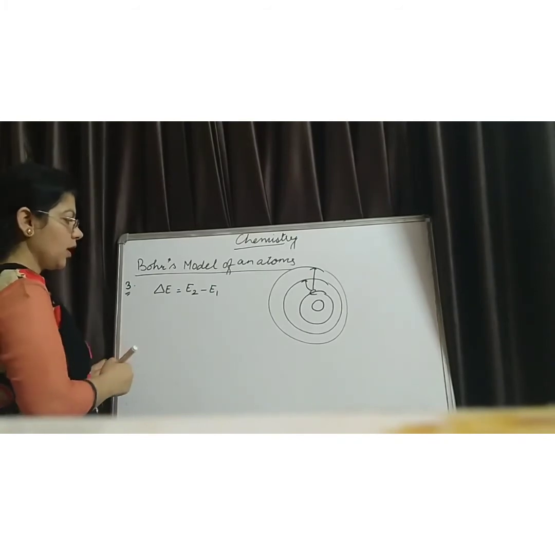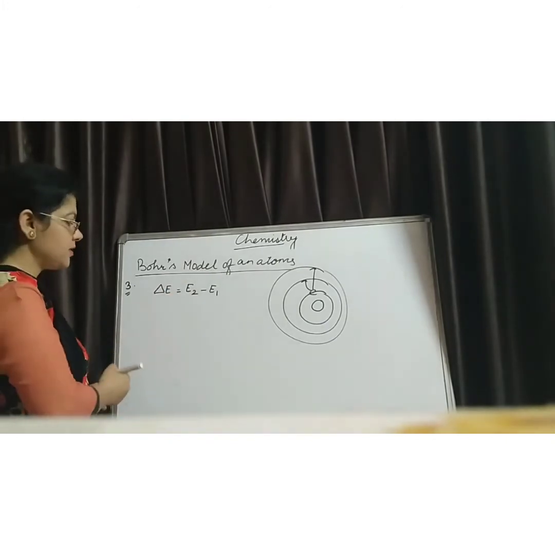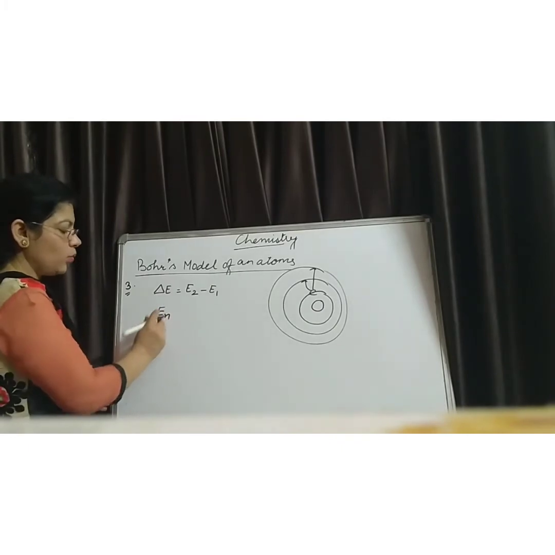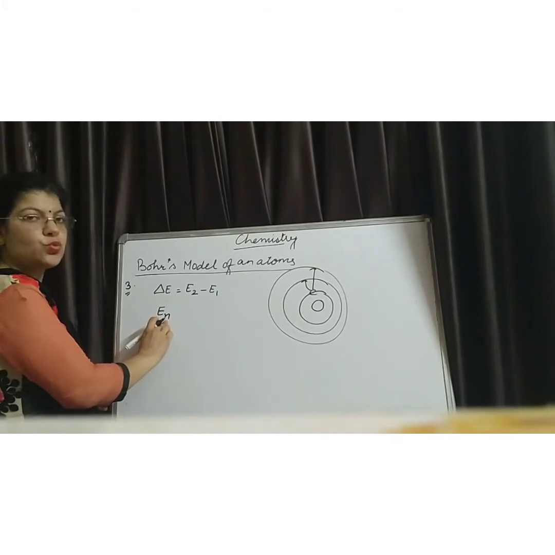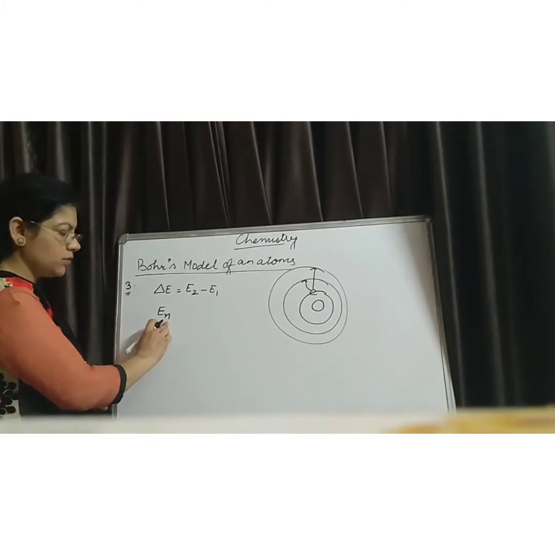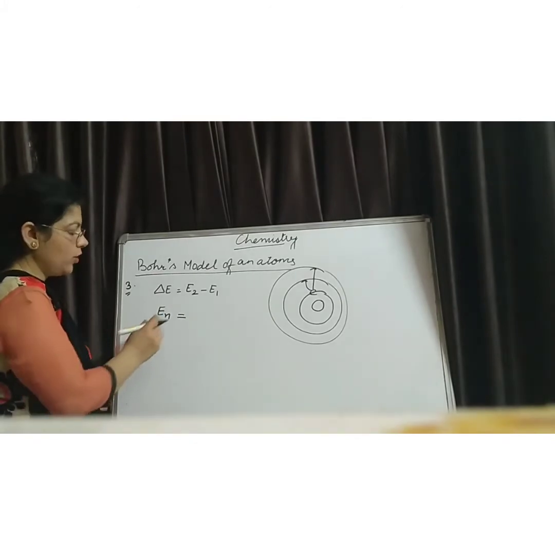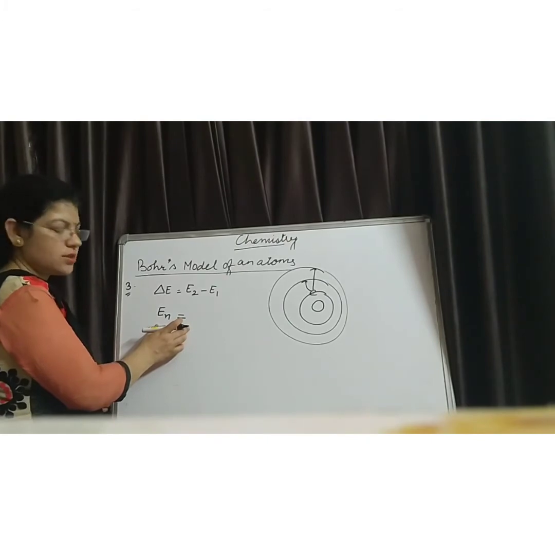We can easily calculate the energy of the electron present in different shells by using the formula En, where En is the energy of the nth shell, and the value of n is 1, 2, 3, 4 and so on. If the electron is present in the first shell, the value of n is 1. If the electron is in the second shell, then the value of n is 2. We can easily calculate the energy present in different shells.